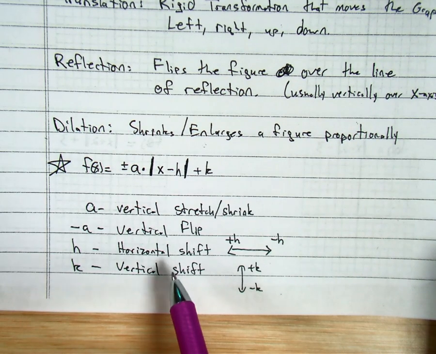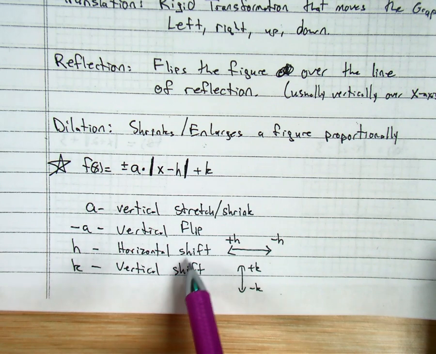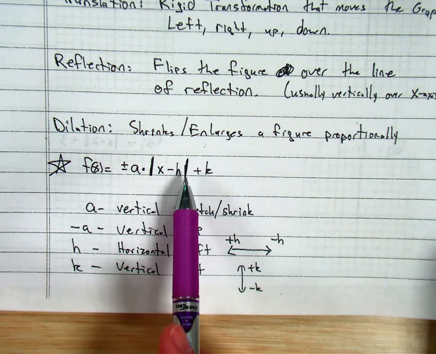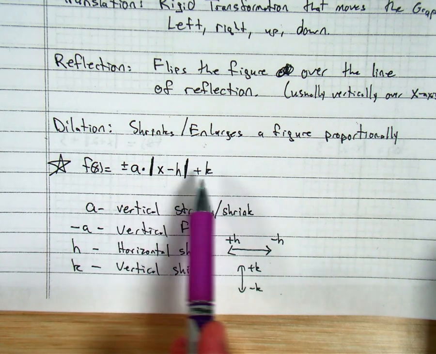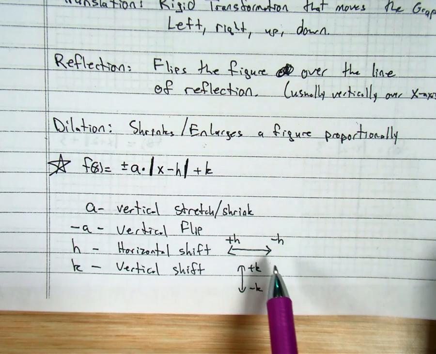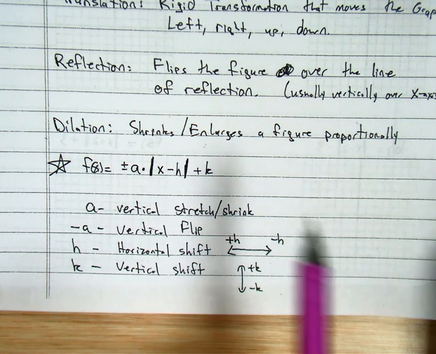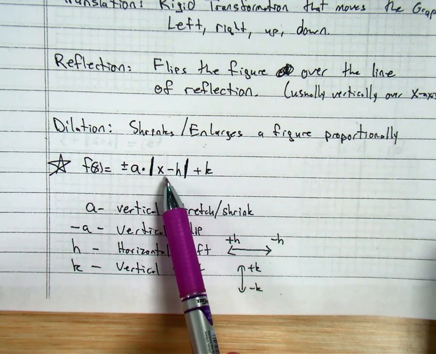This is probably the toughest part, the horizontal shift. Okay? If it's inside the grouping with x, that's going to be your hint that it's left and right, but it's going to be opposite because it has a minus sign built in to the equation or function. That minus sign is already there. So that kind of makes everything go backwards.